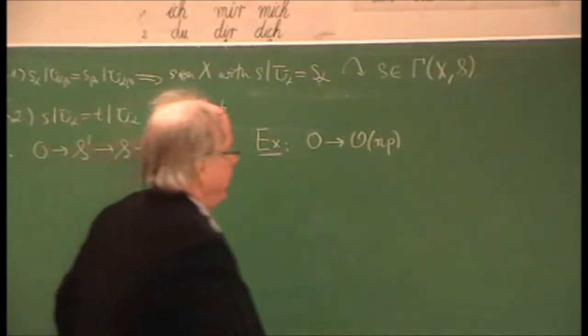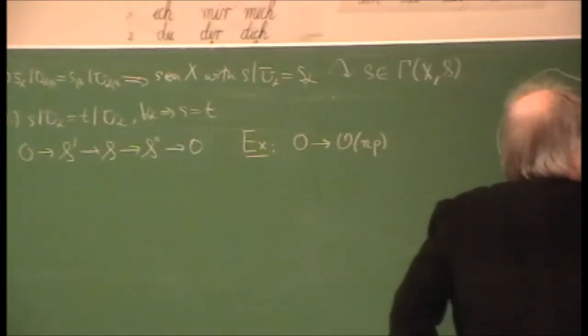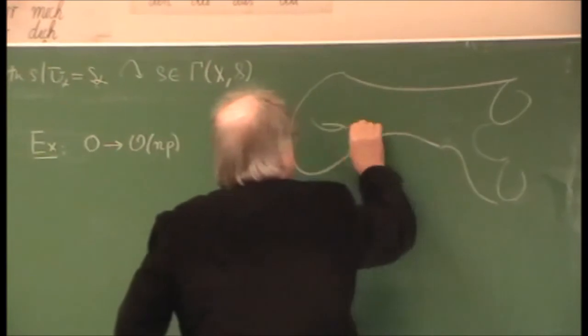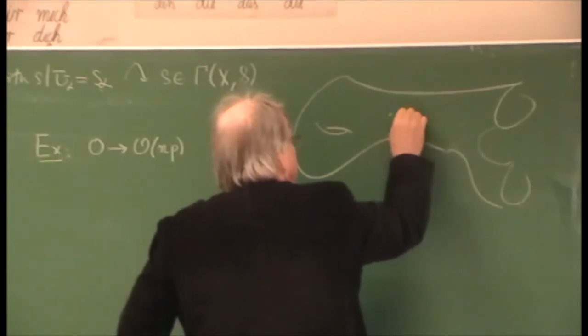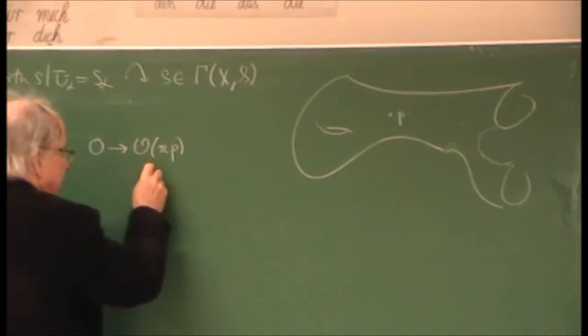So we have this Riemann surface, maybe something like this, and we have a point P here, and we look at a very important sheaf.